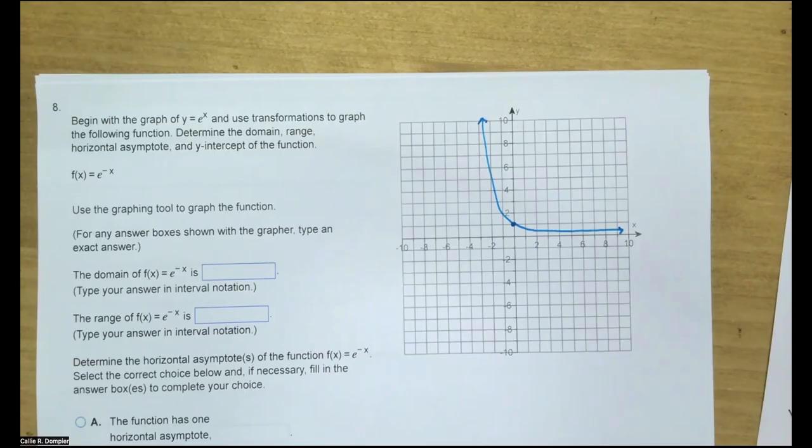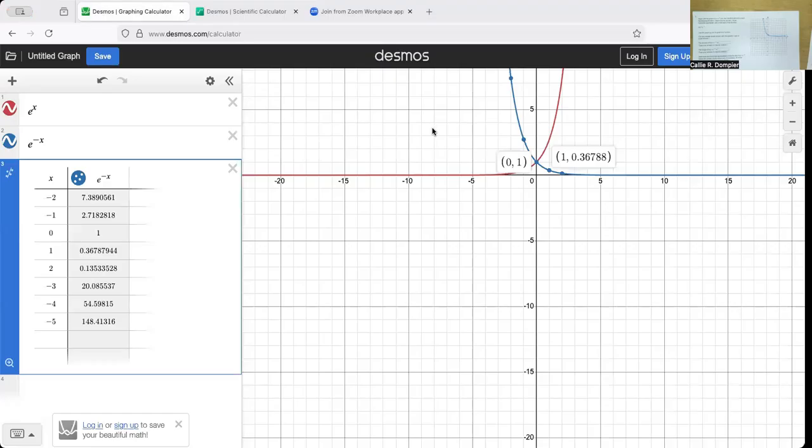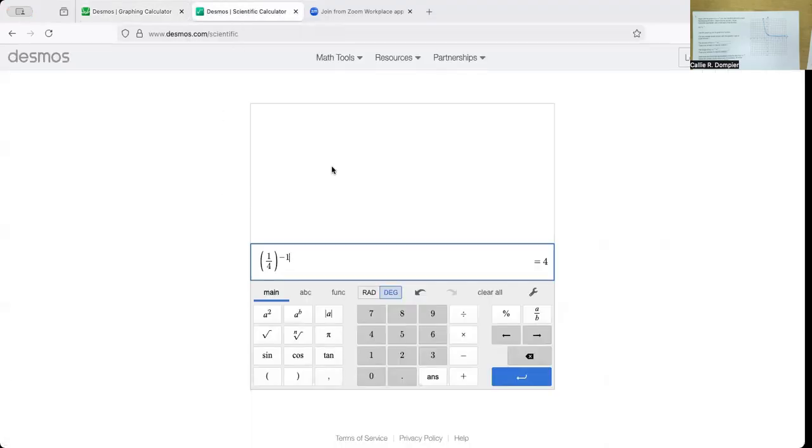And then they'll want you to type an exact answer if you want to put in the points, but you should just use the table or the calculator, right? If you need another exact point, you can say e to the power of negative 1, and then you can type that in as your value when you are graphing it for the exam, right?